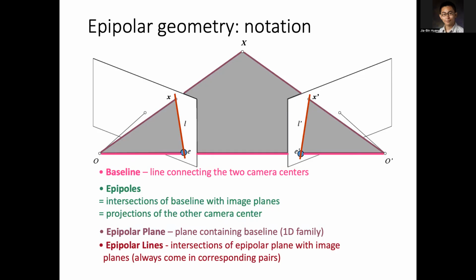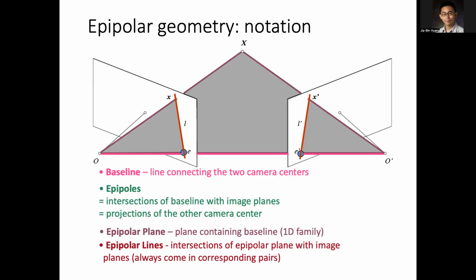So this is just intuition of how things are related to each other. If I have two cameras and a 3D point, they must satisfy this, from simple geometry. Let's see what that looks like in typical images.